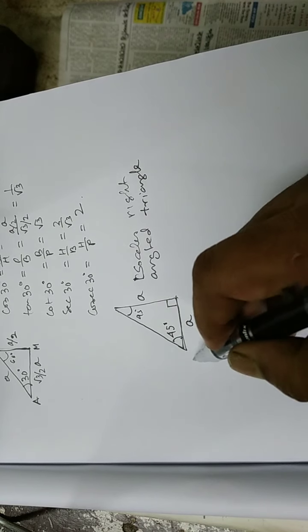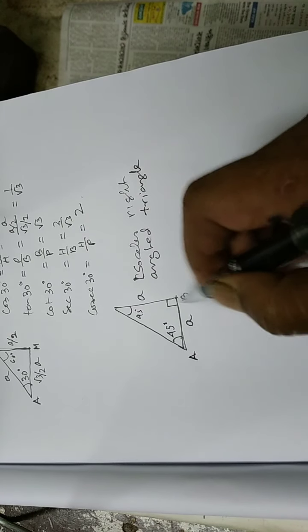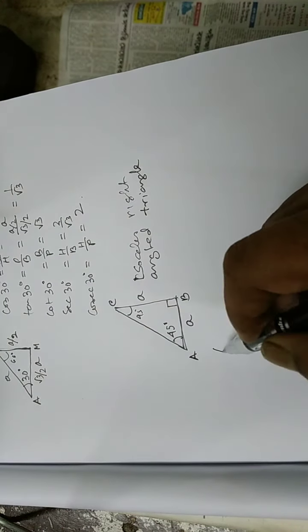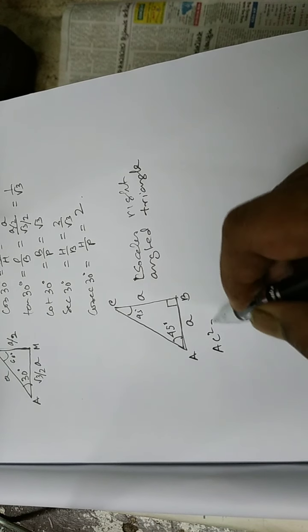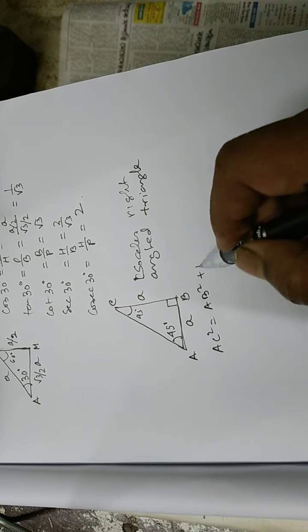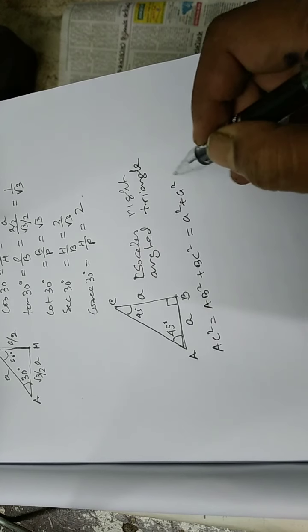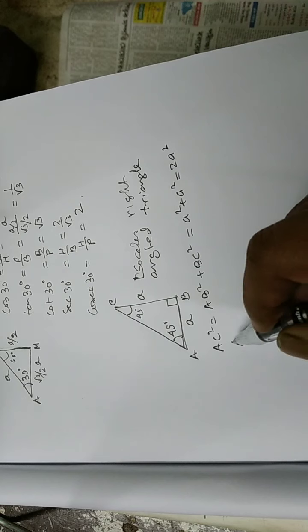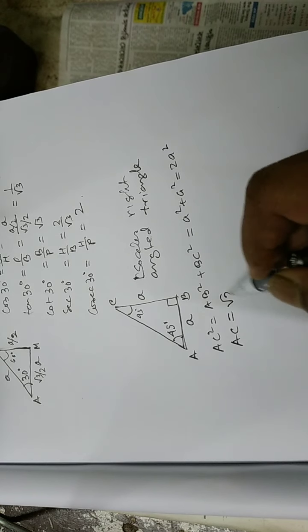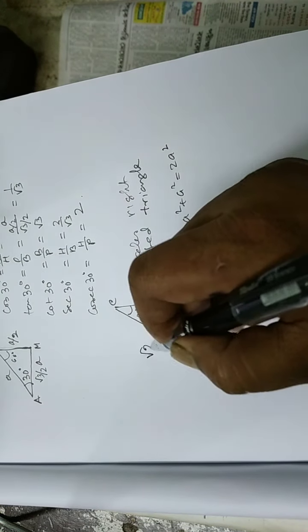And from Pythagoras, if this is ABC, AC square equals AB square plus BC square, that is A square plus A square, that is 2A square. So AC equals root 2A, so this is root 2A.